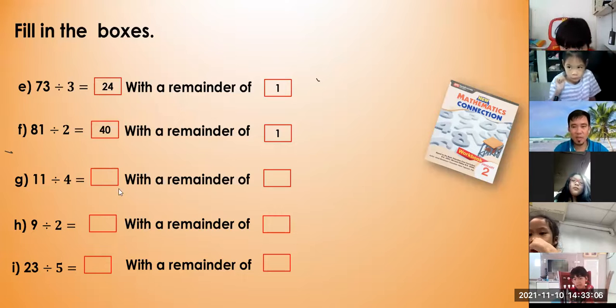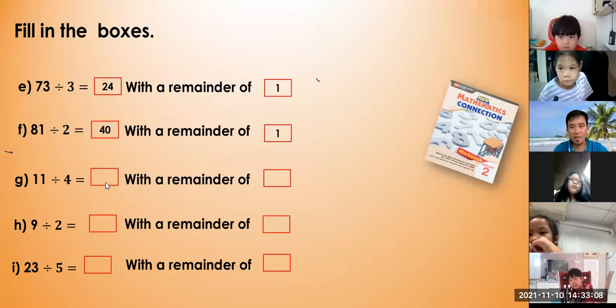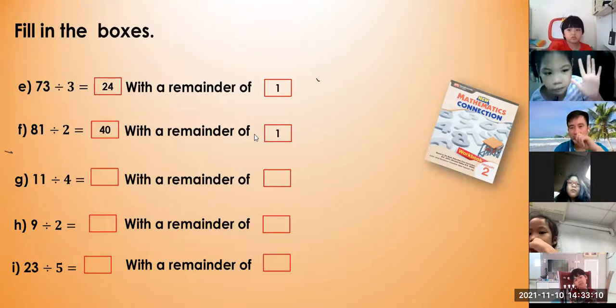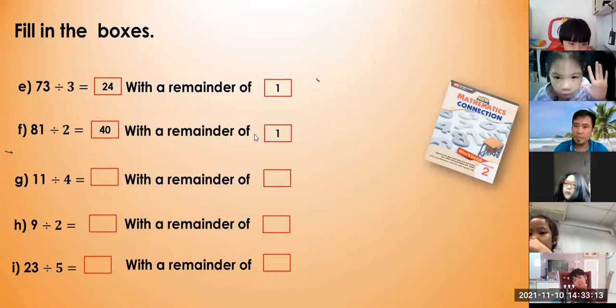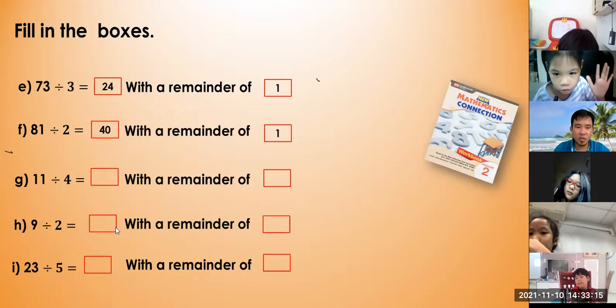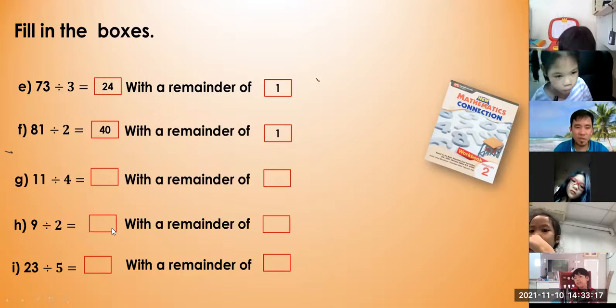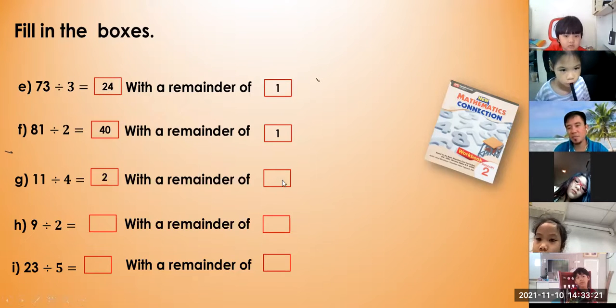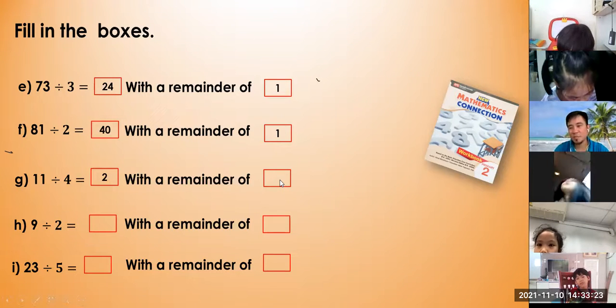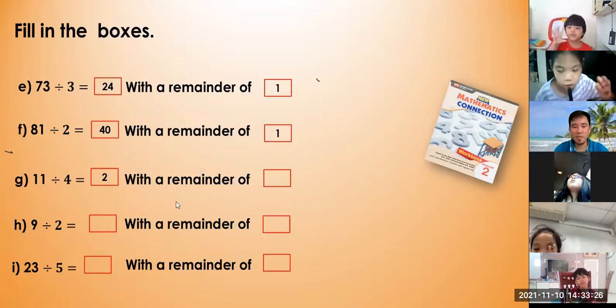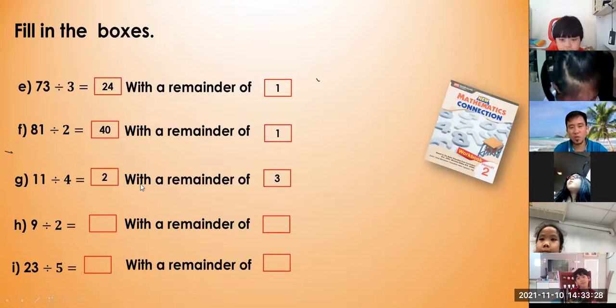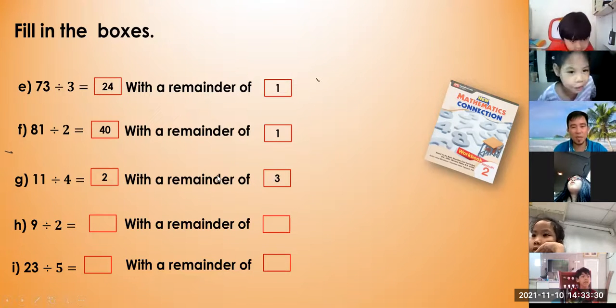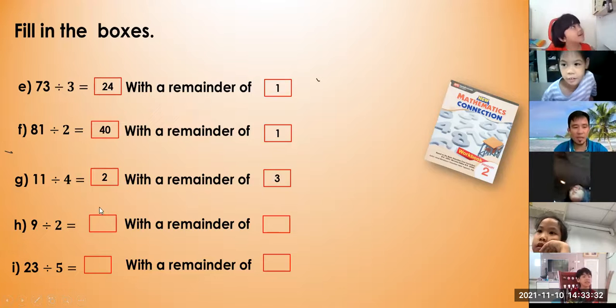Okay, anyone can help? 11 divided by 4. 2, very good. 2 times 4 is 8, with a remainder of what number? 3. So 2 with a remainder of 3, because 4 times 2 is 8, and 8 plus 3 is 11.